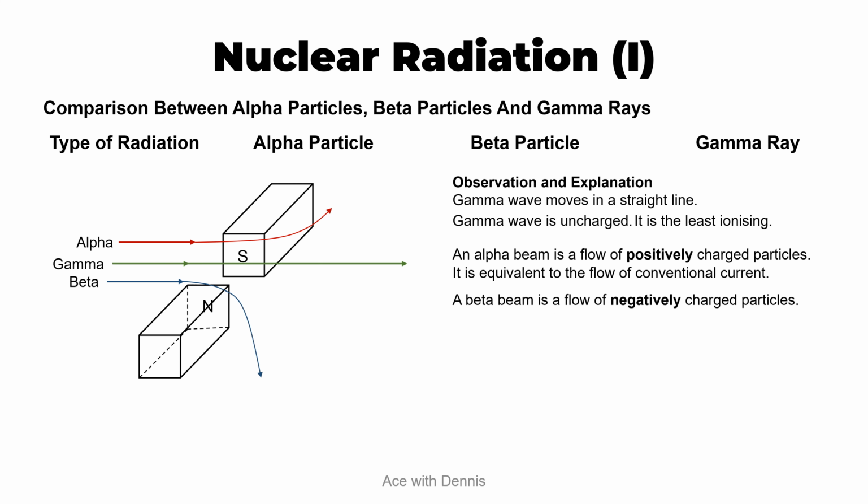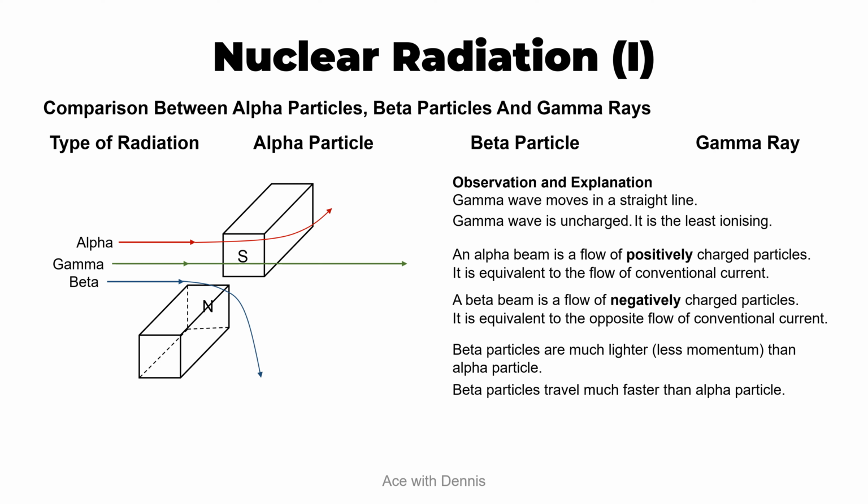A beta beam is a flow of negatively charged particles. It is equivalent to the opposite flow of conventional current. Hence, we point our middle finger in the opposite direction of this beta particle. Beta particles are much lighter, which means less momentum than alpha particles.